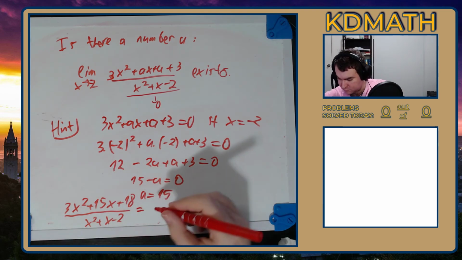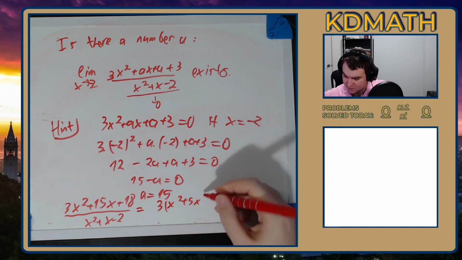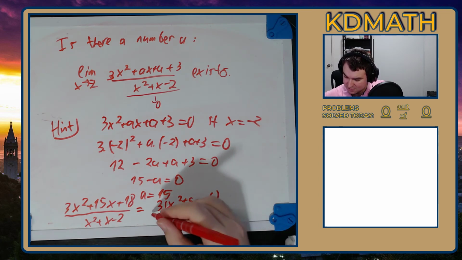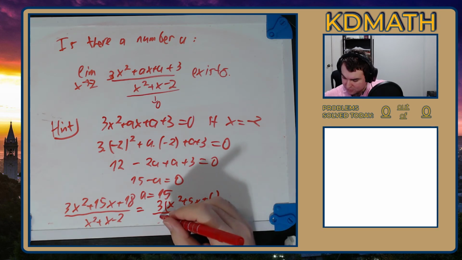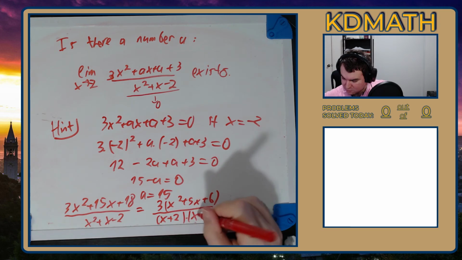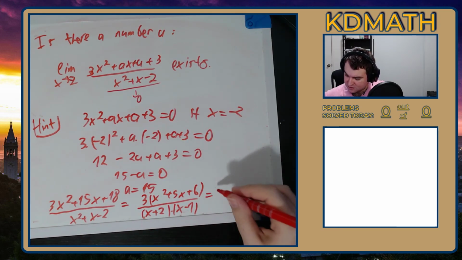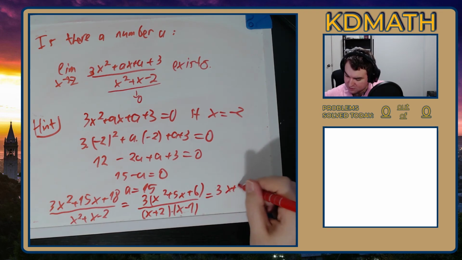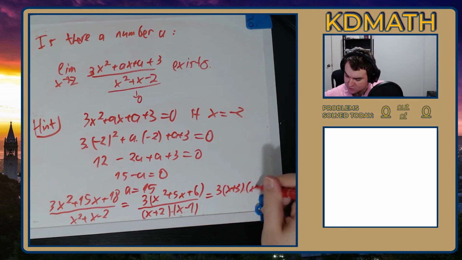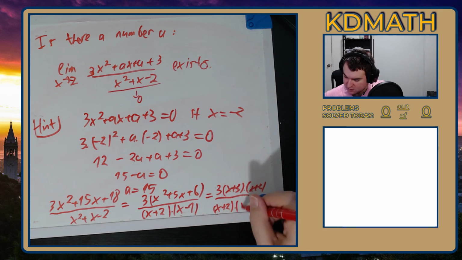Well, we can be a little bit smarter about this. 3 times x squared plus 5x plus 6 over x plus 2 times x minus 1. And now the top factors as 3 times x plus 3 times x plus 2, divided by x plus 2 times x plus 1.